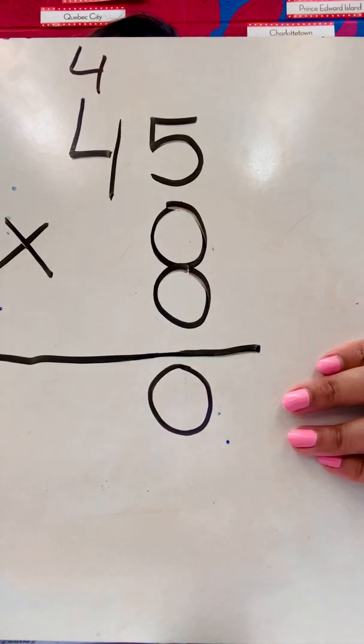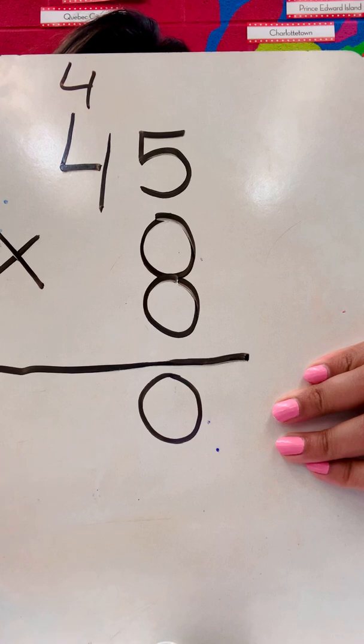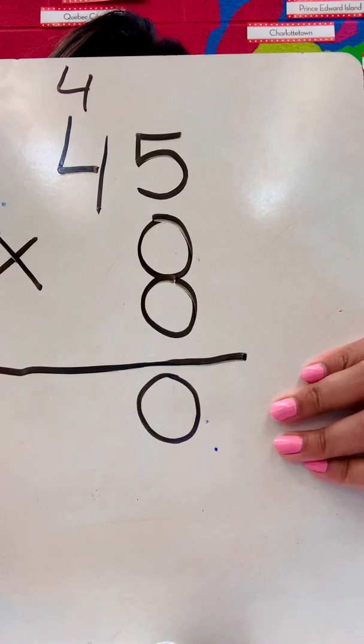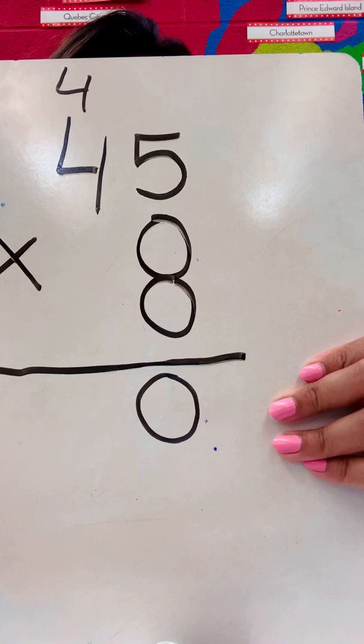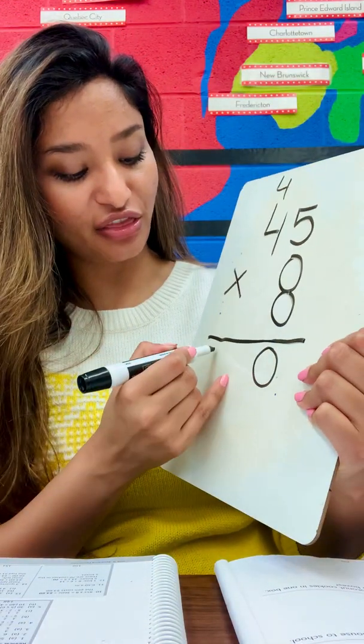Then I go ahead and I multiply my 8 to 4, right? So 8 times 4 gives me 32. 32 plus 4 gives me 36.